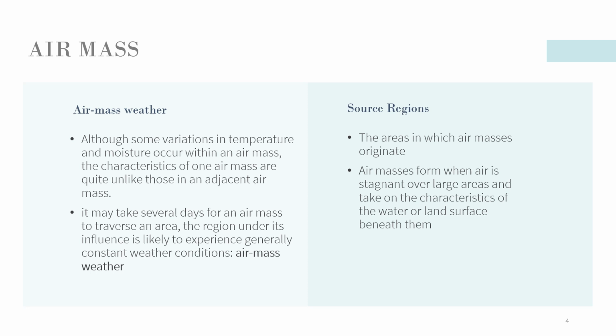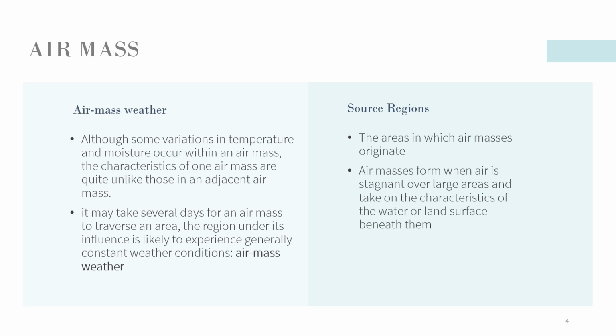Because the atmosphere is heated chiefly from below and gains its moisture by evaporation from Earth's surface, the nature of the source region largely determines the characteristics of an air mass.